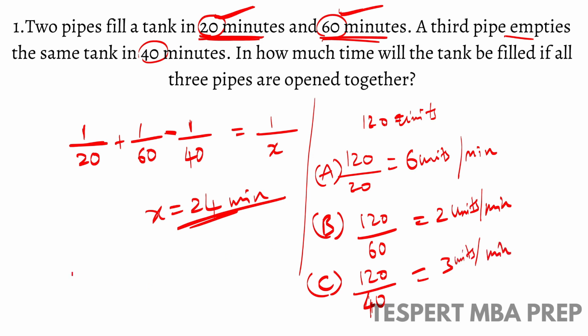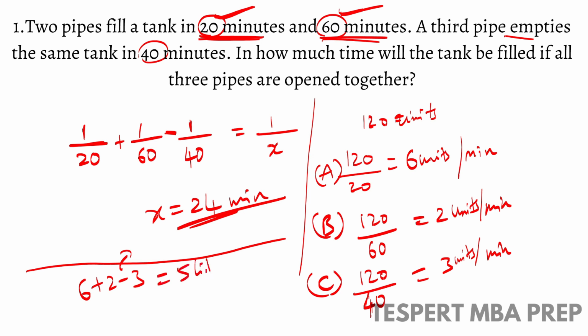Let me write it here. Add it now: 6 plus 2 minus 3, because this is a negative work, so we consider minus. This will be equal to 5 units of water filled in the tank.